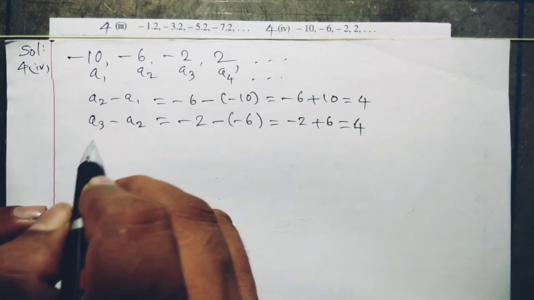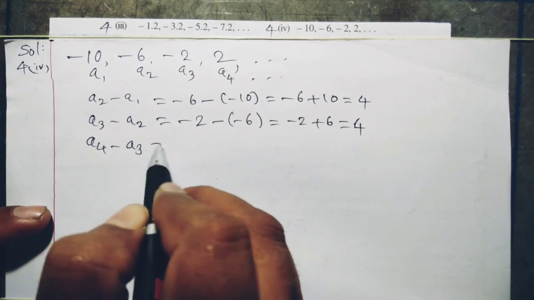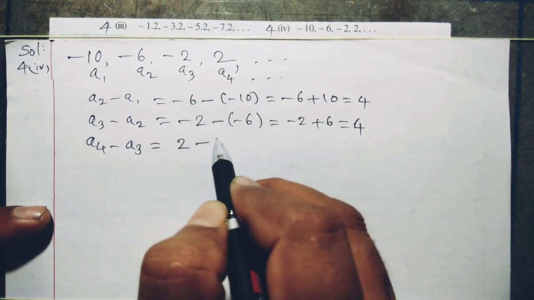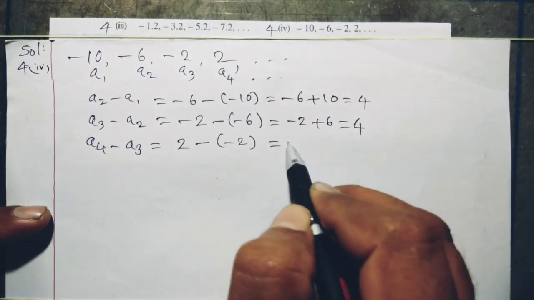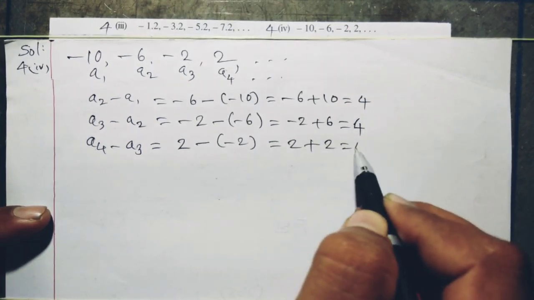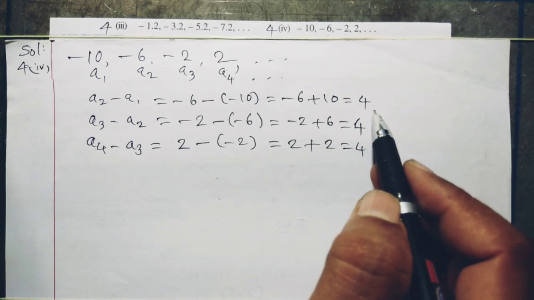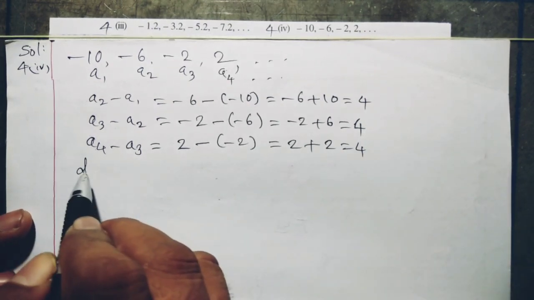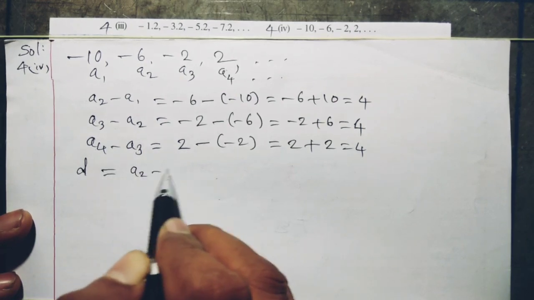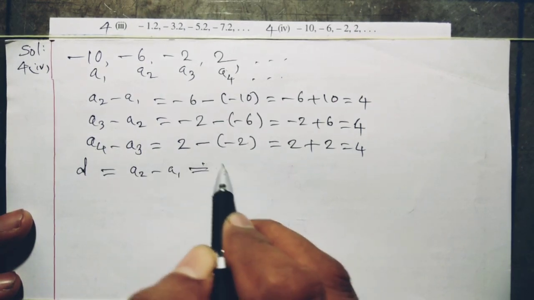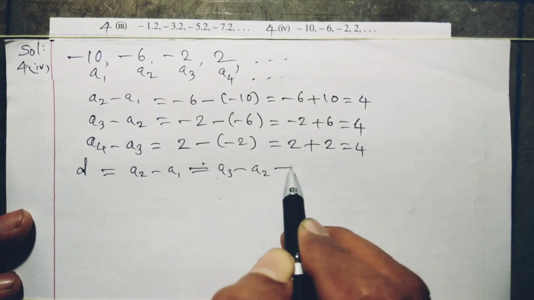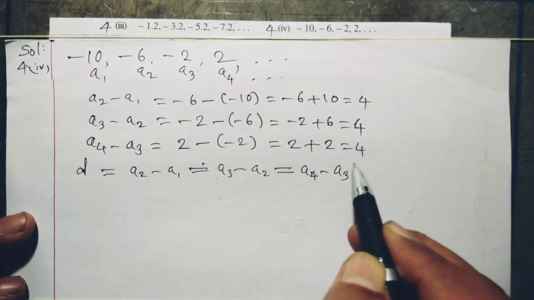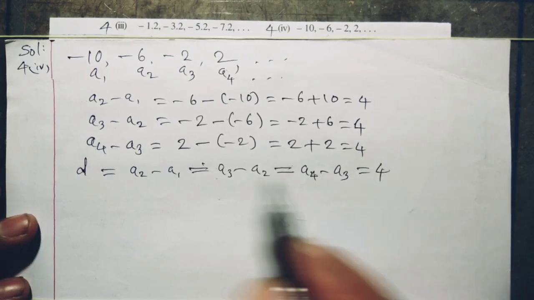A4 minus A3 is equal to 2 minus of minus 2 is equal to 2 plus 2 is equal to 4. In all the differences are equal, that is common difference, d is equal to a2 minus a1 is equal to a3 minus a2 is equal to a4 minus a3, that is equal to 4.